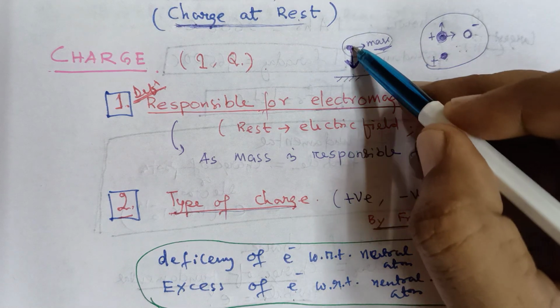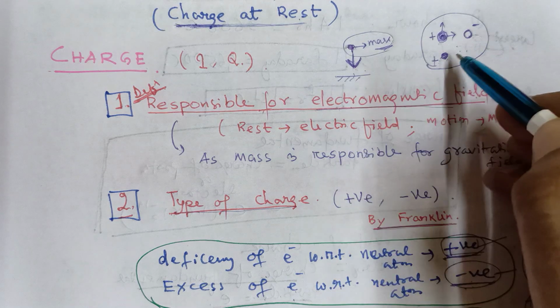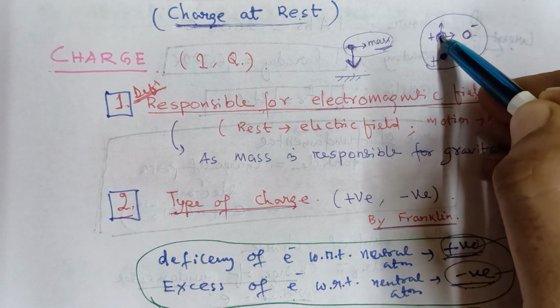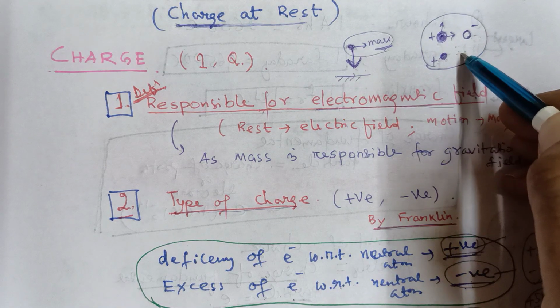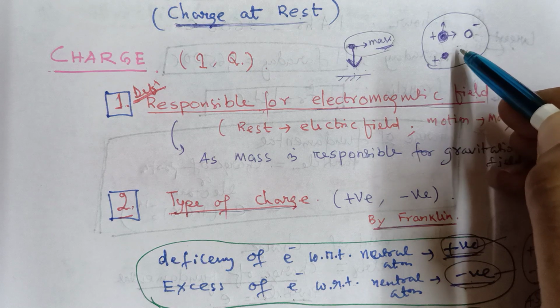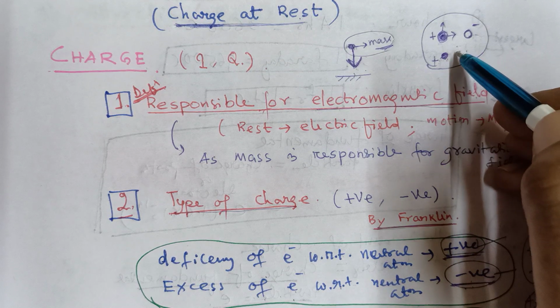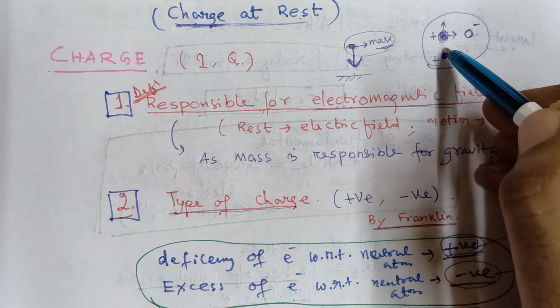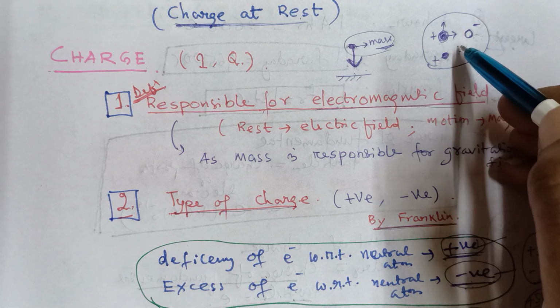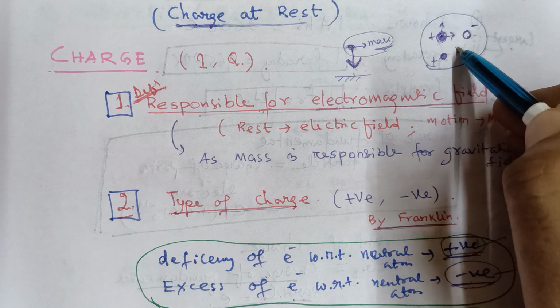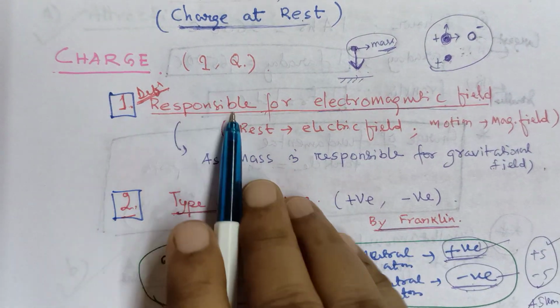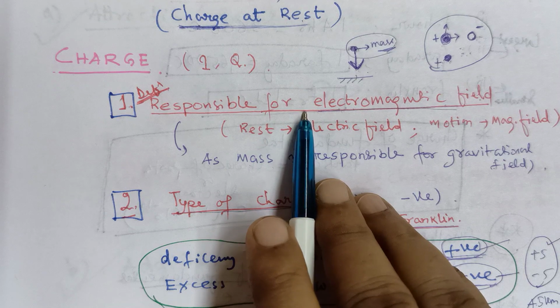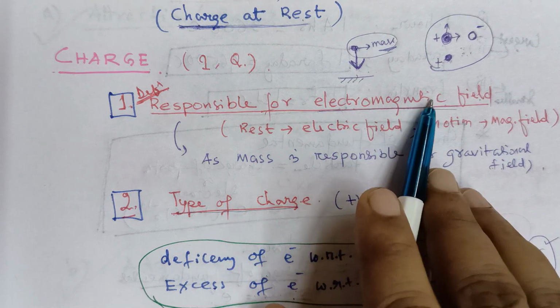In case of mass, gravitational force exists. Here you can say that in case of charge, electrostatic force of attraction or repulsion exists. In further classes, when we study current electricity, when a charged particle moves, then a magnetic field also exists. So charge is responsible for the creation of electric field and magnetic field.